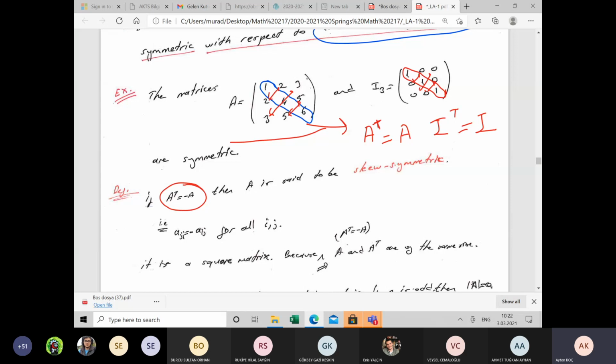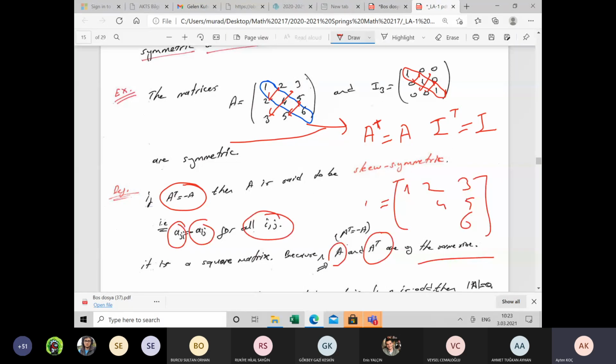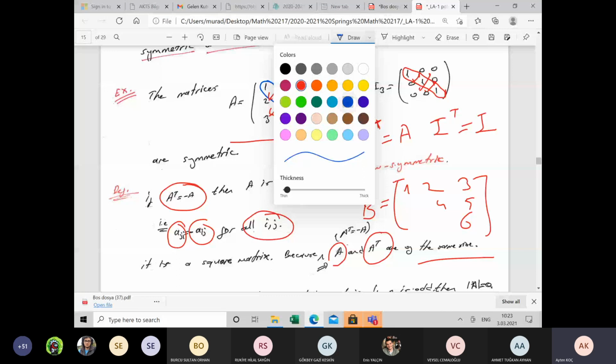Let's construct the skew symmetric matrix. For example, 1, 2, 3, 4, 5, 6. This one should be square, not A. This one is B. Our A should be a skew symmetric matrix.